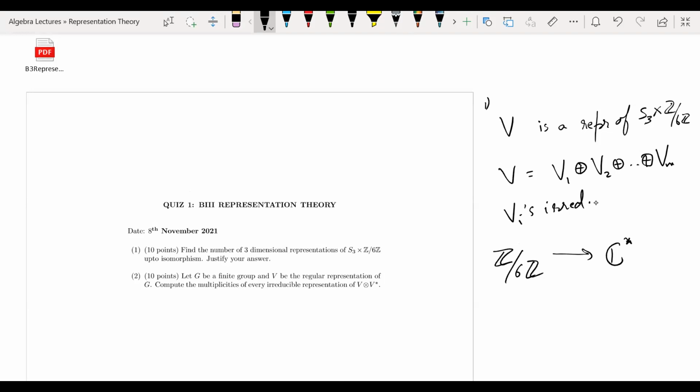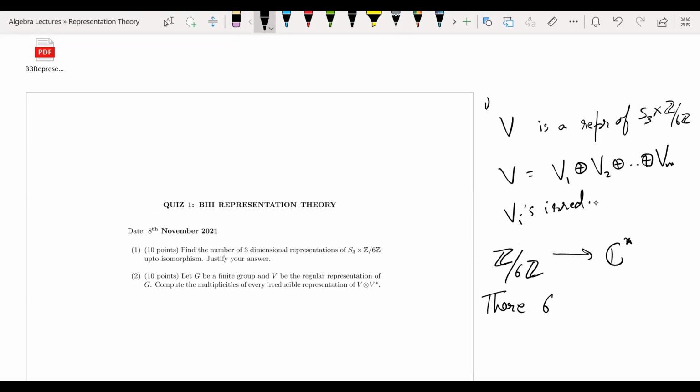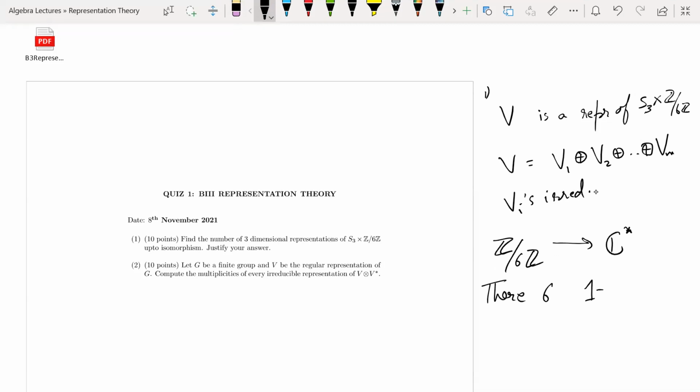So there are 60, and all of them are one-dimensional. One can actually compute all these representations, but we don't need to compute them.